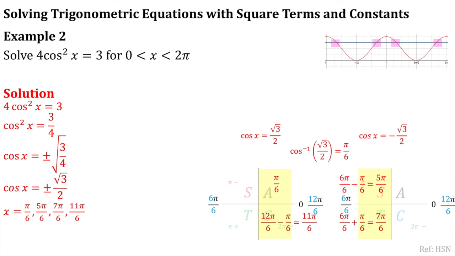I have 4 answers, as you can see, and you can see that pi over 6, yep, that should be a third of the way along between 0 and pi over 2, so that's about right. 5 pi over 6, that's 2/3 of the way along between here and here. 7 pi over 6, a third of the way along here, and then 11 pi over 6, 2/3 of the way along here. So you can see that those answers coincide with the graph, so those are my final answers.